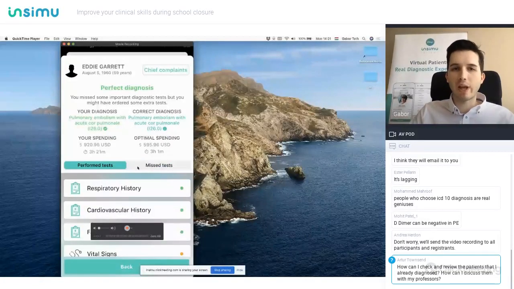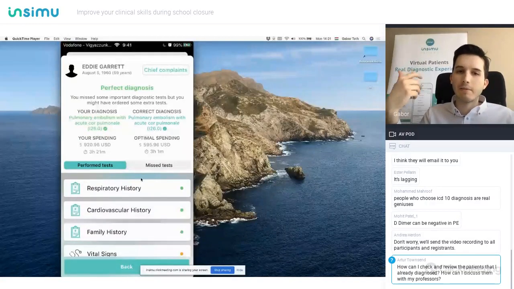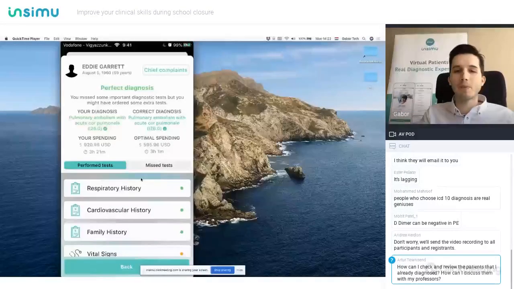This way, you can go to your professor, share the screen with them, and discuss the case together. You can also do a screen share with your professor while you do the case, just like I did for you. Actually, they can do the same thing, and you can think together.